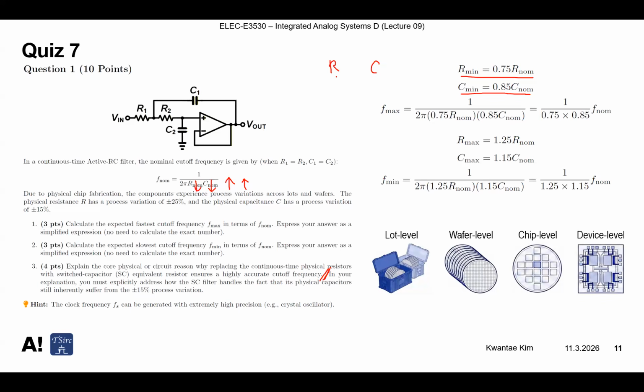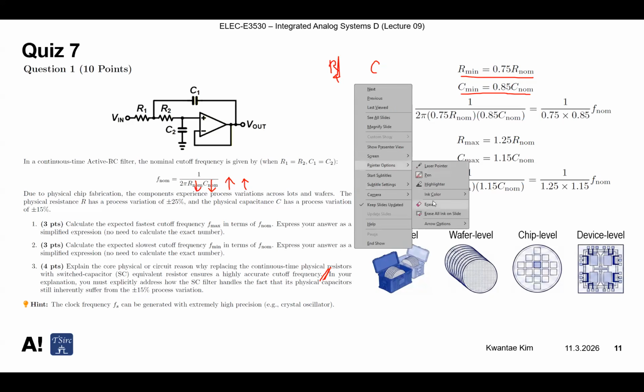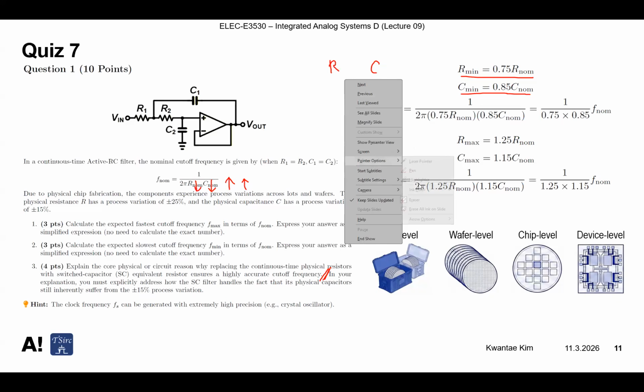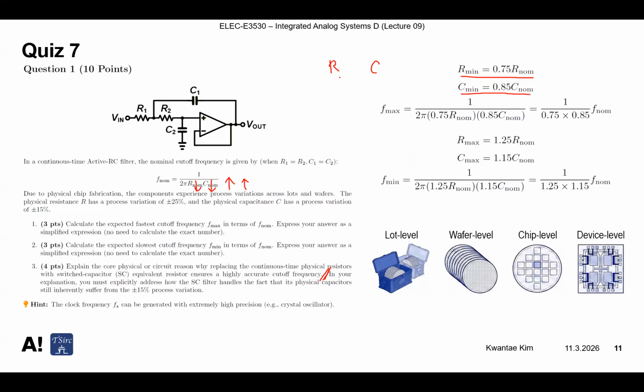This is a problem. If we can make R correlated with C, say, physically using a capacitor to build a resistor, then we can make a correlation between the two components, R and C. So that is the core principle of the switched capacitor low pass filter and switched capacitor filters.